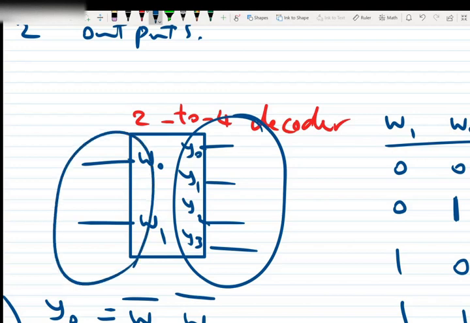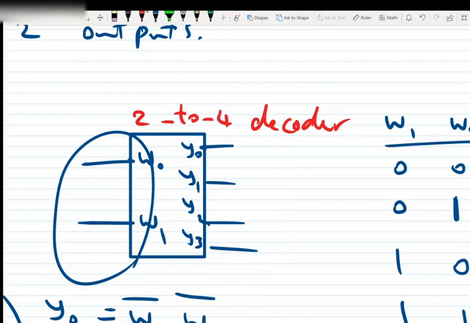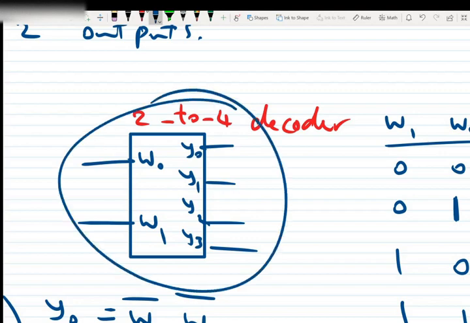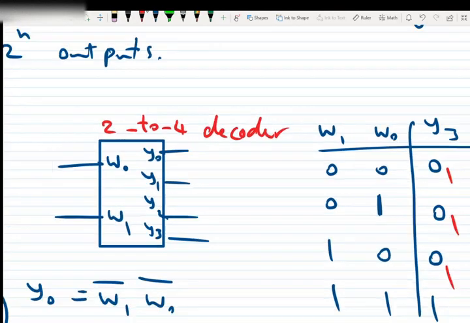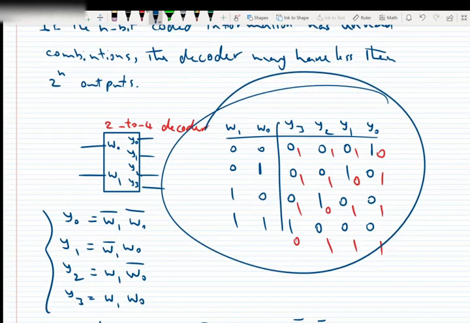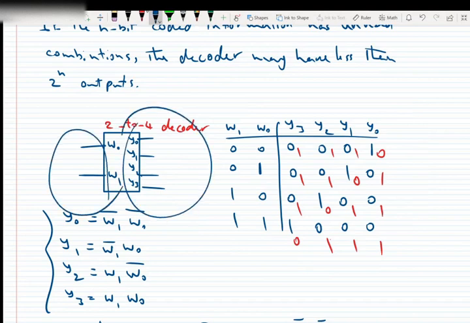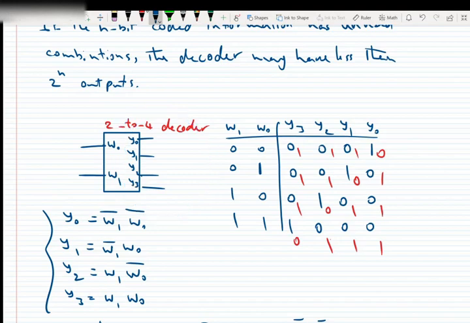But if the enable input is disabled, then none of the outputs are asserted, so all of them will remain 0 if the enable is 0. So the enable input turns the circuit off and on. If the enable is on, the decoder is working based on this truth table. If enable is off, all the outputs, regardless of the input, are equal to 0.